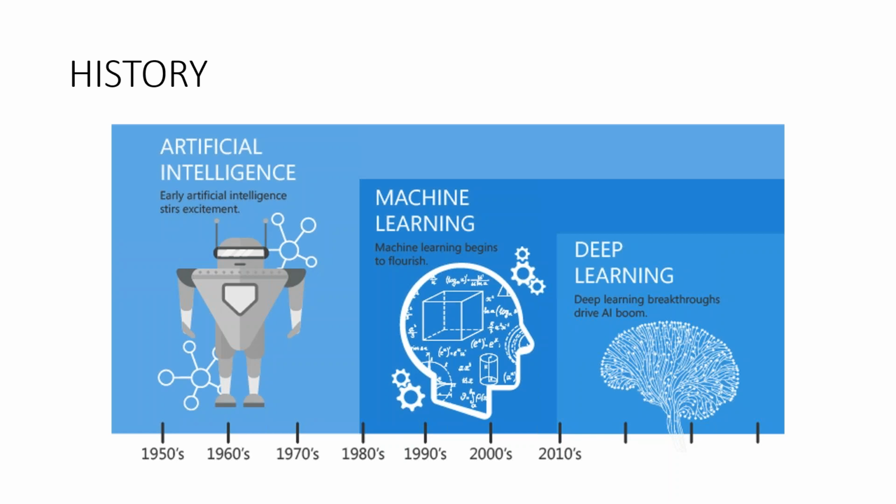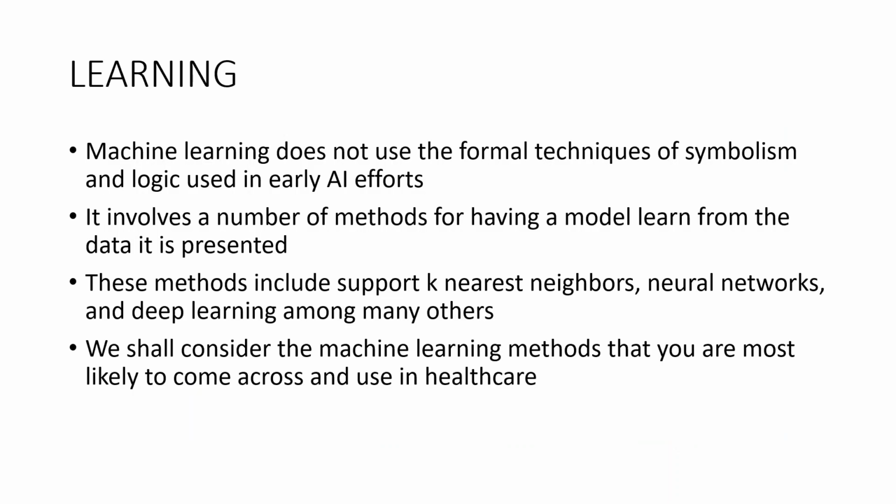Then about 1980 or so, they developed machine learning, neural networks. And finally, about 2010, 2012, they actually got to deep learning, which has led to a true explosion of work in machine learning and artificial intelligence.